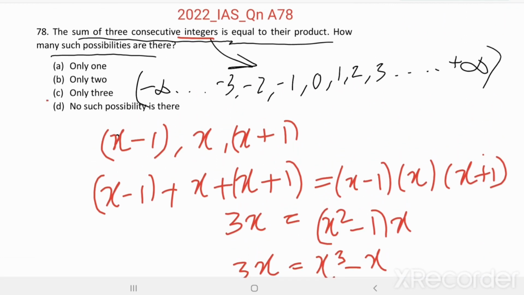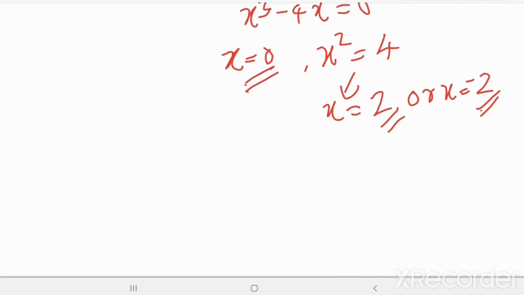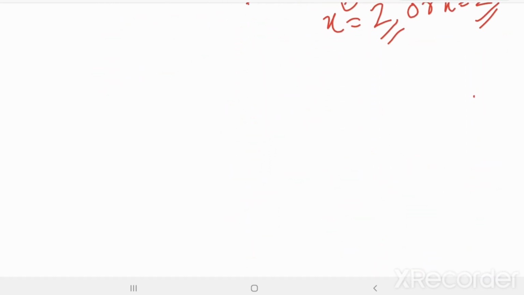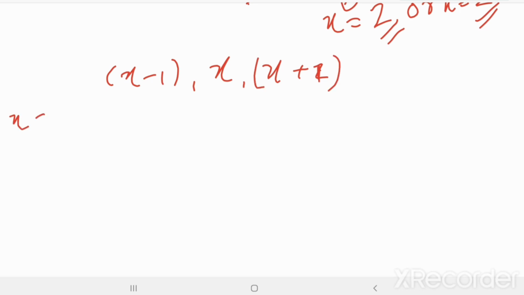Option C is the right answer. Now let us check. We took x minus 1, x and x plus 1 as 3 consecutive integers. When x equals 0, x minus 1 equals minus 1, then 0, then 1.